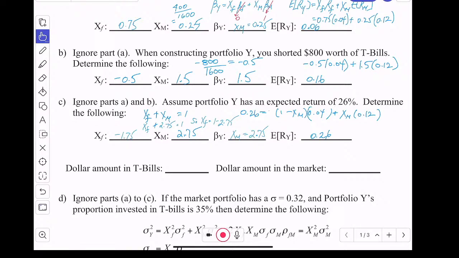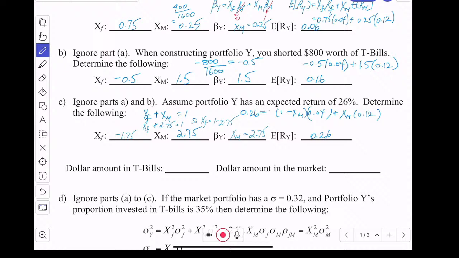So we're almost done. We have to just figure out the dollar amounts in T-bills and the market portfolio. So how much was invested? Well, it's a weight, right?